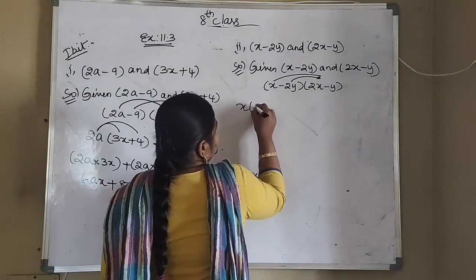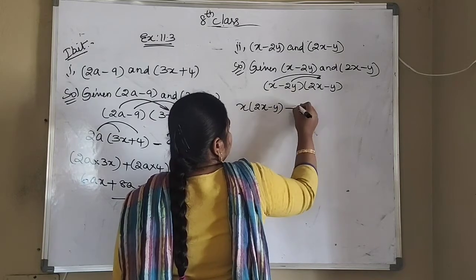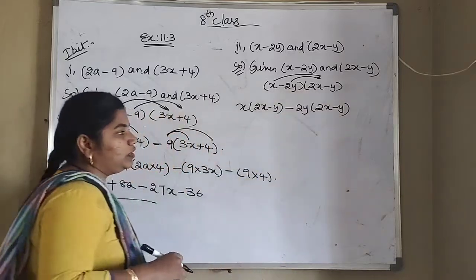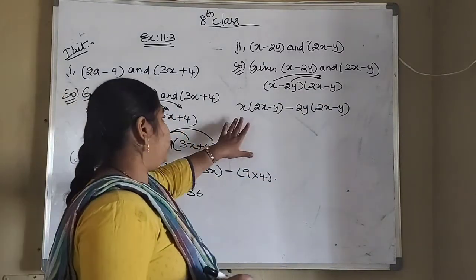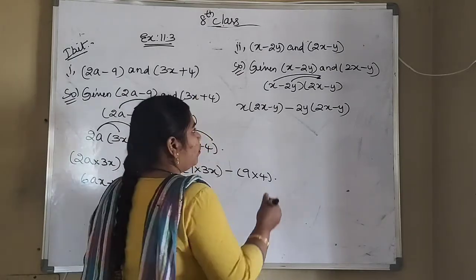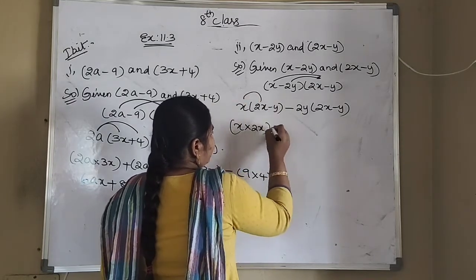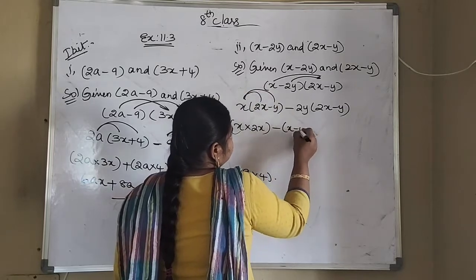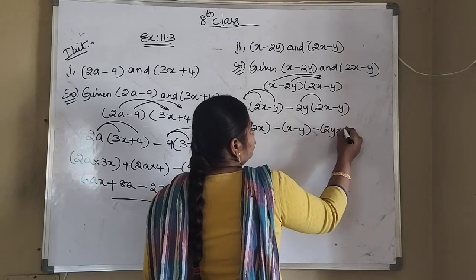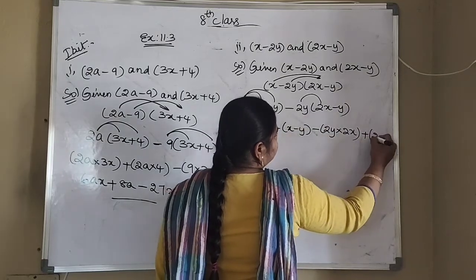So x into 2x minus y, and minus 2y into 2x minus y, with 2y I have multiplied the whole term. Now it has been converted into monomial with binomial, and you already know how to multiply it. So x into 2x, minus x into y, minus 2y into 2x, minus into minus is plus, 2y into y.